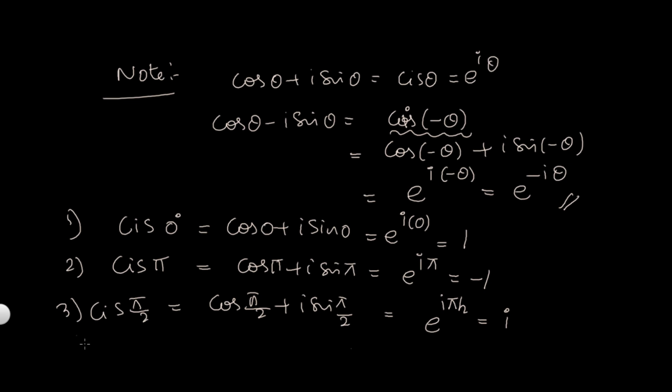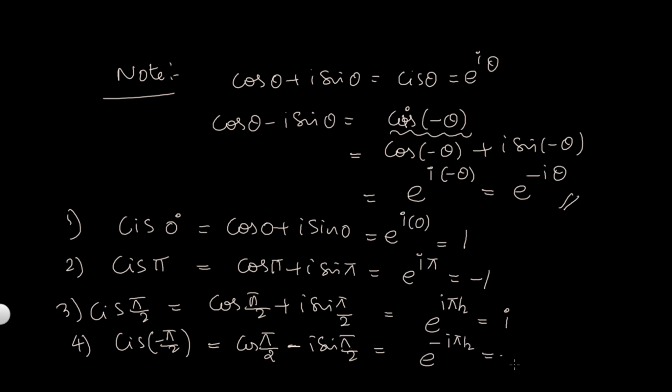Last one, cis of minus pi by 2 is cos of pi by 2 plus i sin of minus pi by 2, but sin of minus theta is minus sin theta. So we write minus i sin pi by 2, and it becomes e to the power of minus i pi by 2, which is minus i.